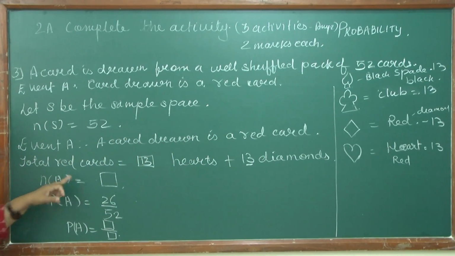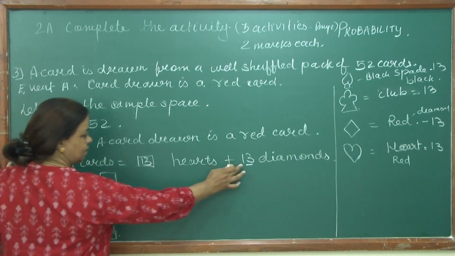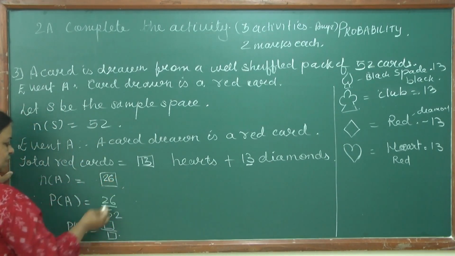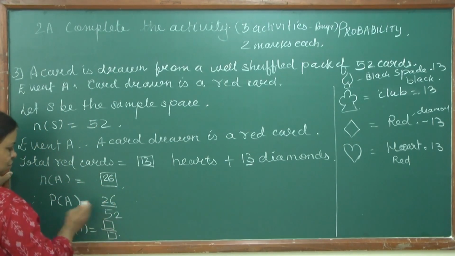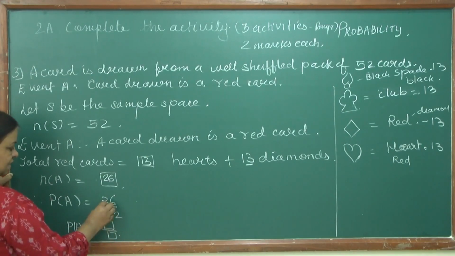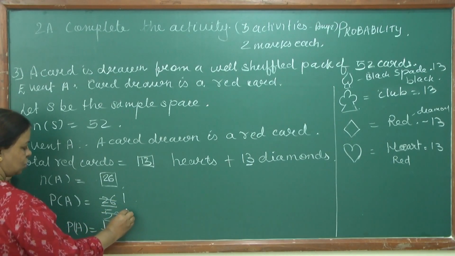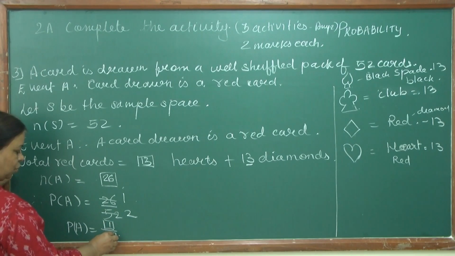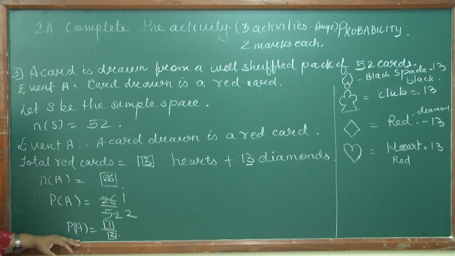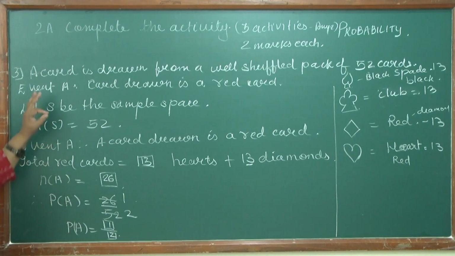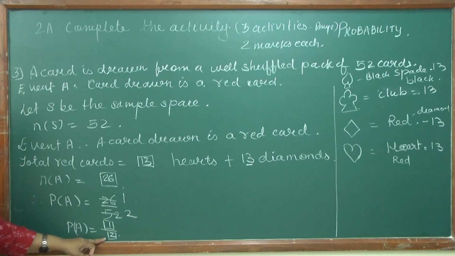So number of elements in A is how much? 13 plus 13, 26. Here it is already given 26 upon 52. So 26 ones are 26, 26 twos are 52. So you got 1 upon 2. So probability of A of getting a red card is 1 upon 2.